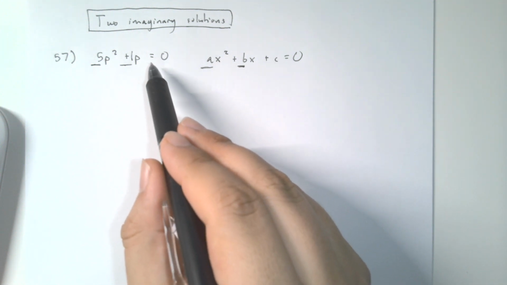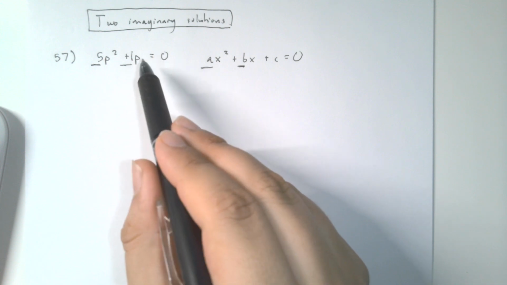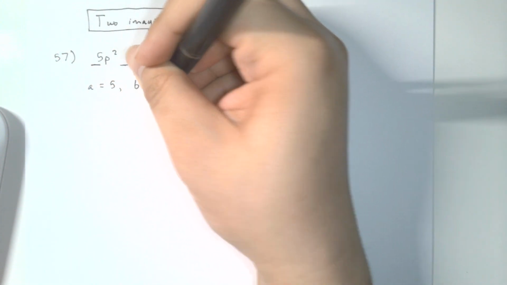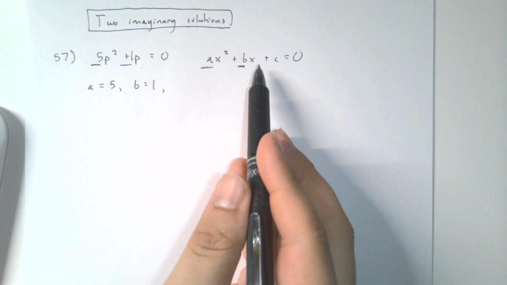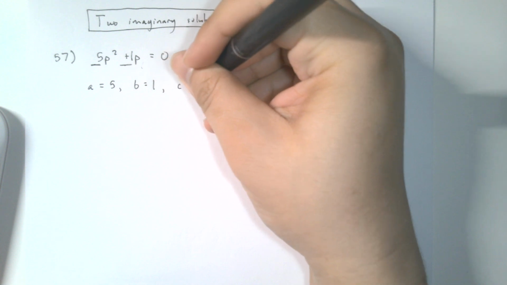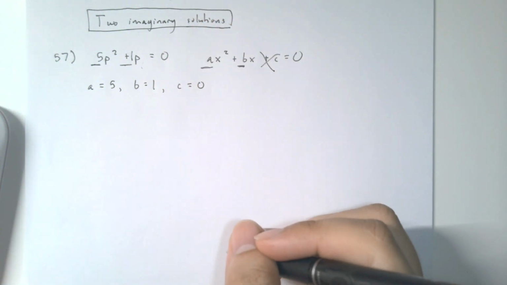Anytime you're missing a term, or if you're missing your linear term, doesn't matter which one, you could just write a 0 for that. So we have a is equal to 5, b is equal to 1, and since we're missing that constant term, we just have c is equal to 0.